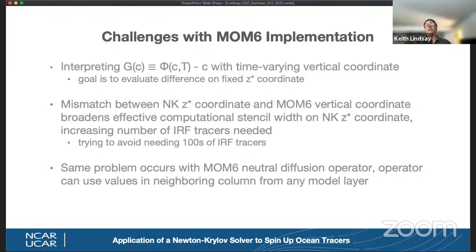We're trying to avoid needing to run with hundreds of IRF tracers, which would be infeasible. This happens because of a mismatch between the z-star coordinate and the vertical coordinate native to MOM. It also happens with the neutral diffusion operator of MOM that is used for lateral mixing, because this operator can mix from one column to the neighboring column at any layer in the model. And this has a wide stencil, and this complicates some aspects of running with MOM.